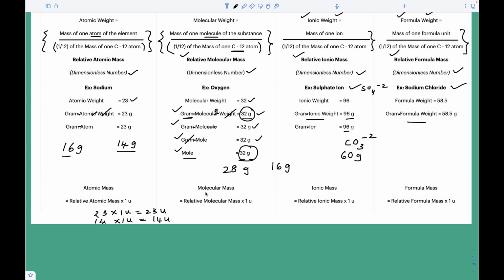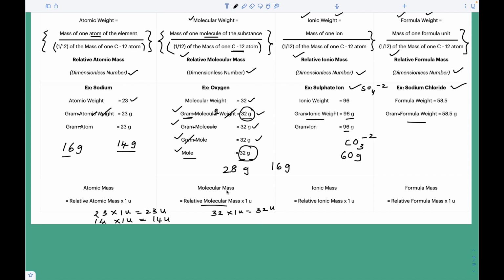Similarly, molecular mass is the mass of one molecule of the substance. To get molecular mass, you have to multiply its relative molecular mass or molecular weight with 1U. So what is the molecular mass of oxygen? Its molecular weight 32 multiplied with 1U, that is 32U.